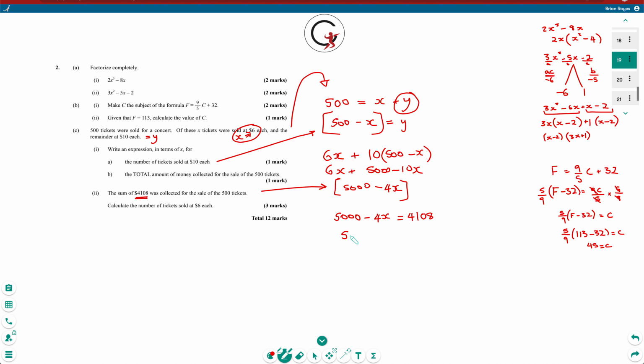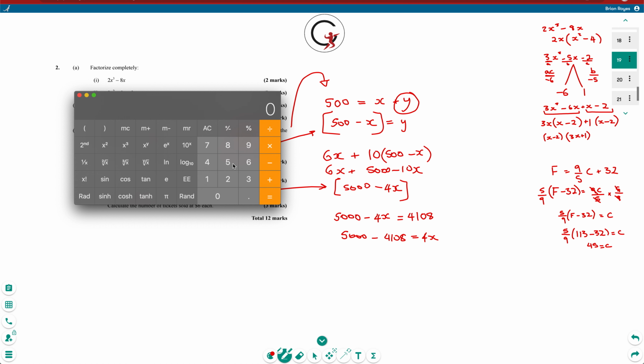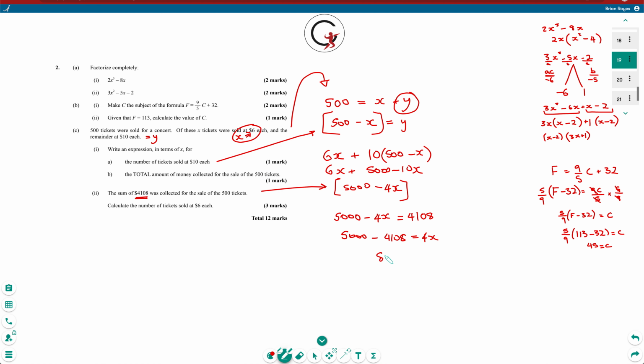Okay, so we're going to rearrange this to say 5,000 minus 4,108 gives you 4x. All right, and if you again want to be sure about it, you can use your calculator, because I know you guys really love to use your calculators. 5,000 subtracted by 4,108, even though this is math that you could do in your head, that's 892. 892 is 4x.